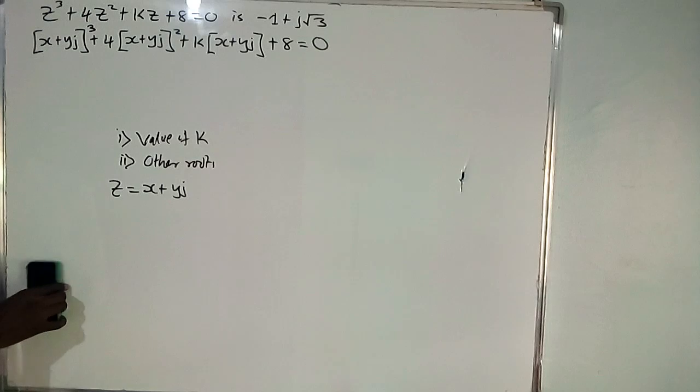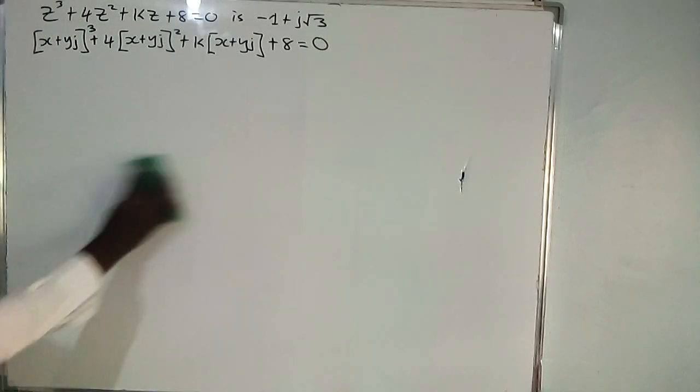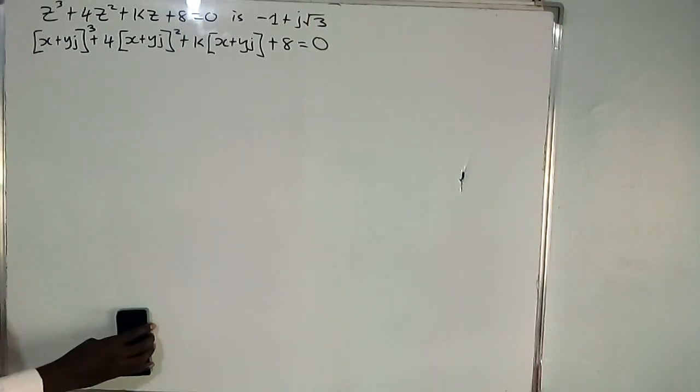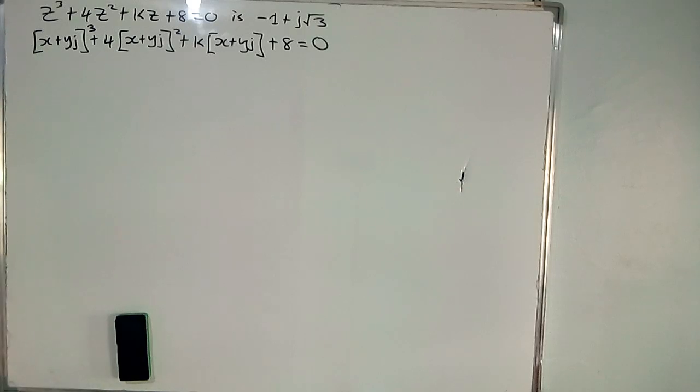So we've gotten rid of z. We've substituted the value of z, which is x plus yj. That is the first step. Are we together?